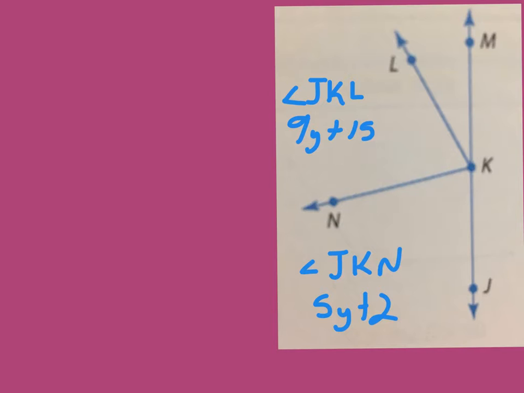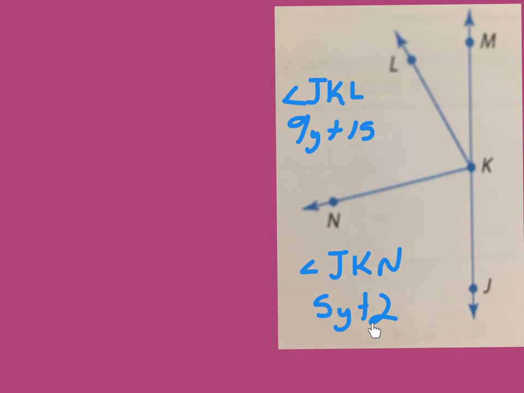Alright, this is the last example for you to do, an OYO. This one is tricky. Here, you have angle JKL is 9y plus 15. It's the whole angle. Then you have JKN is 5y plus 2.